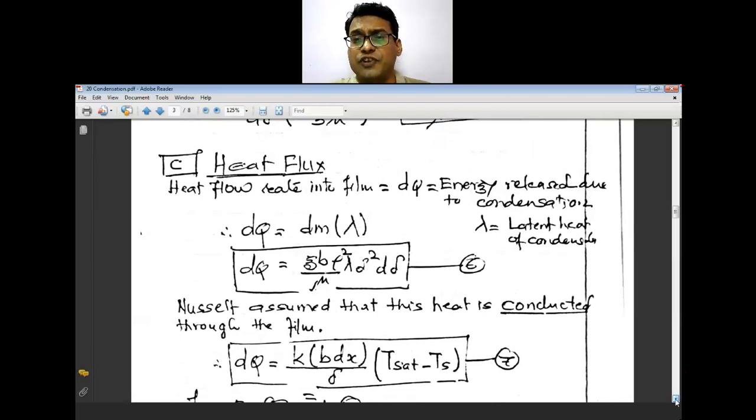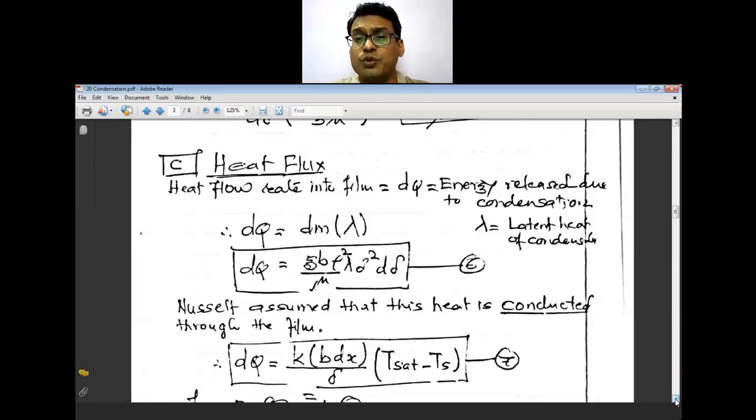The next is the heat flux. The heat which is getting transferred through this liquid film is getting transferred through the liquid film because of the conducting surface, you can say. The heat flow rate into the film is dq, which is equal to the energy released due to the condensation, that is lambda, the latent heat of condensation.